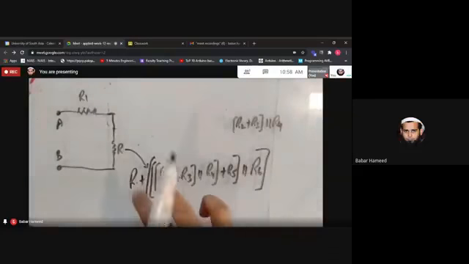So hopefully you got the idea. R1 is in series with the parallel combination of R6 with the series combination of R5 and the parallel combination of R4 and the series combination of R2 and R3.